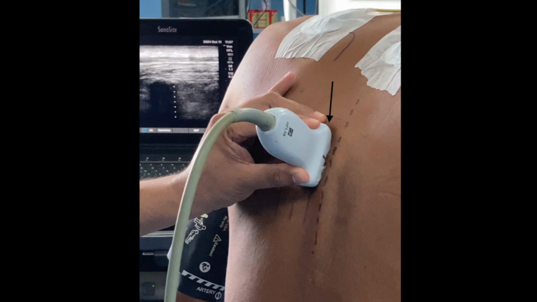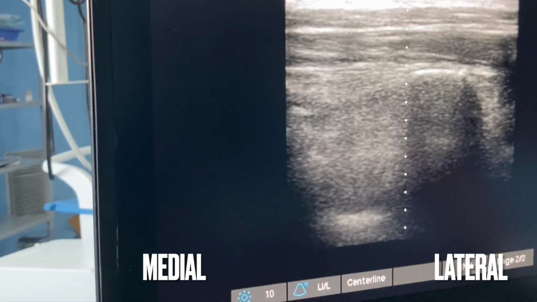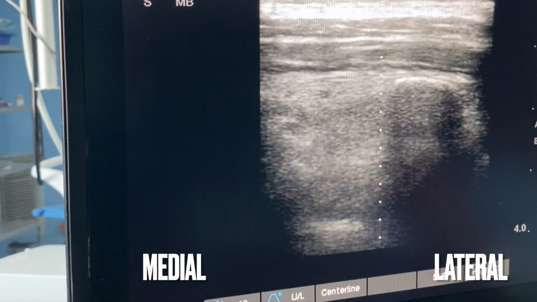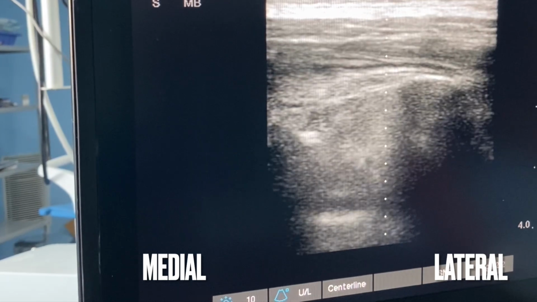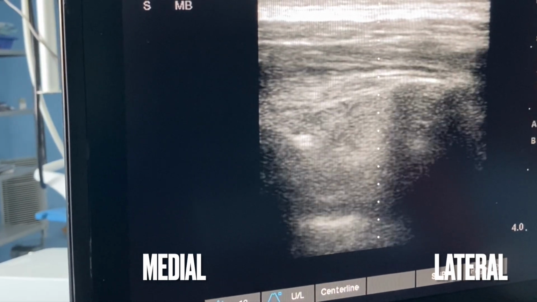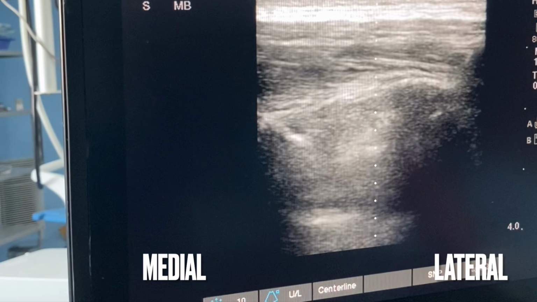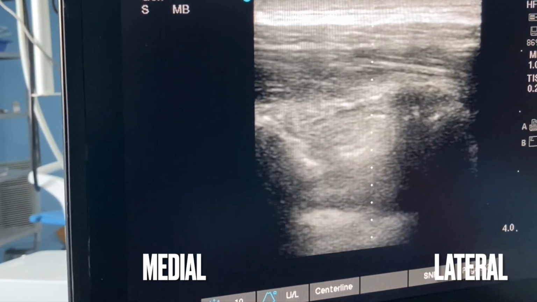The ESP block can be performed either in plane technique or out of plane technique, but in this video we are performing the in plane technique, and our needle is entering from above, in the plane of the probe. You can see a flat hyperechoic line with acoustic shadow that represents the transverse process, and on the lateral side you can see our needle is touching the transverse process.